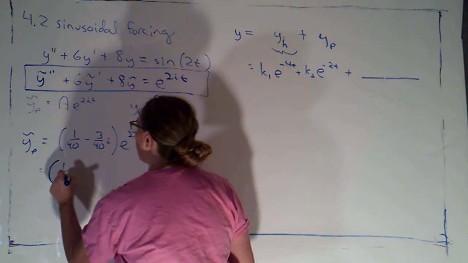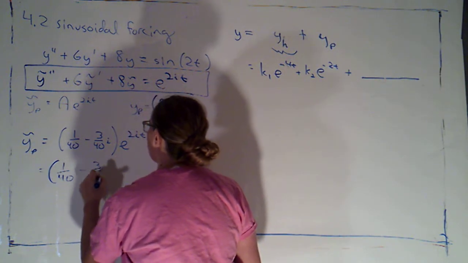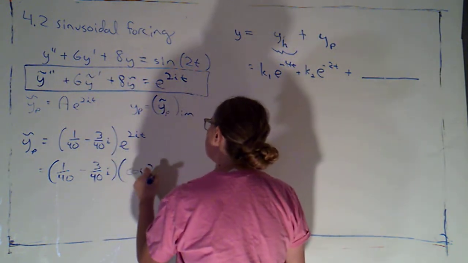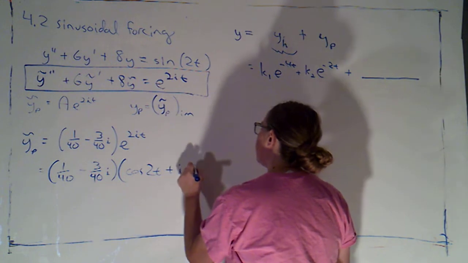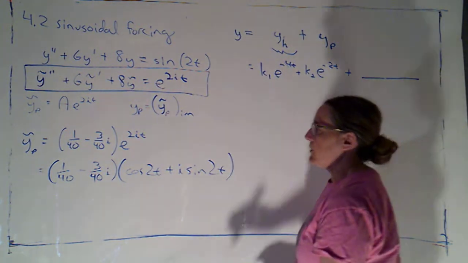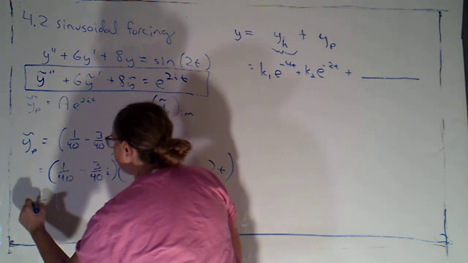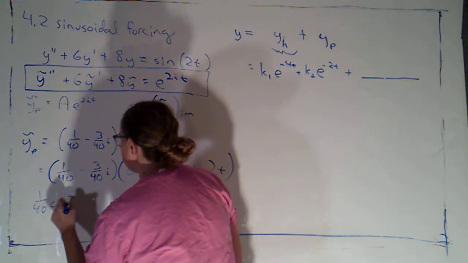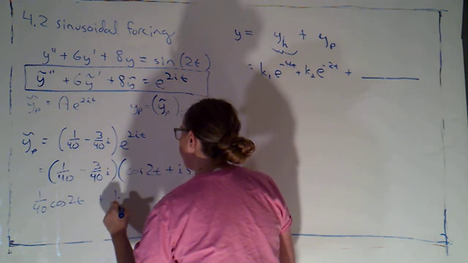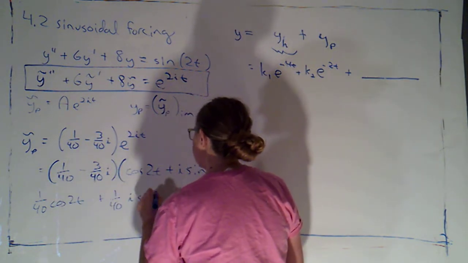So this is 1/40th minus 3/40th i times e to the 2it, which is cosine of 2t plus i times sine of 2t. Okay. Now, when I FOIL that out, I'm going to get 1/40th cosine of 2t plus 1/40th i times sine of 2t.